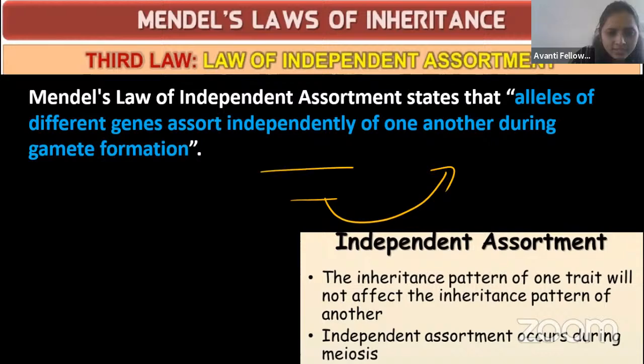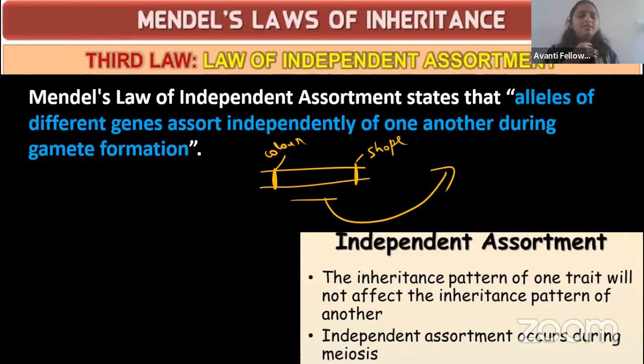Okay, for example, see here, they are not together. One gene is here and one gene is here. One is responsible for the color and one is responsible for the shape. So during crossing over and recombination, they will go separately. They will assort independently. I will give you an example here. For example, you and your friend, guys.